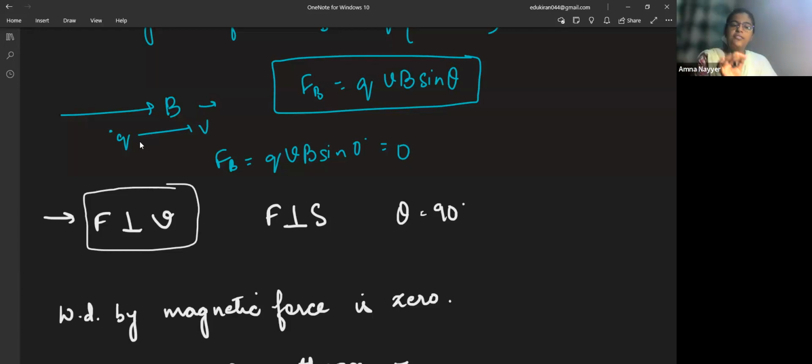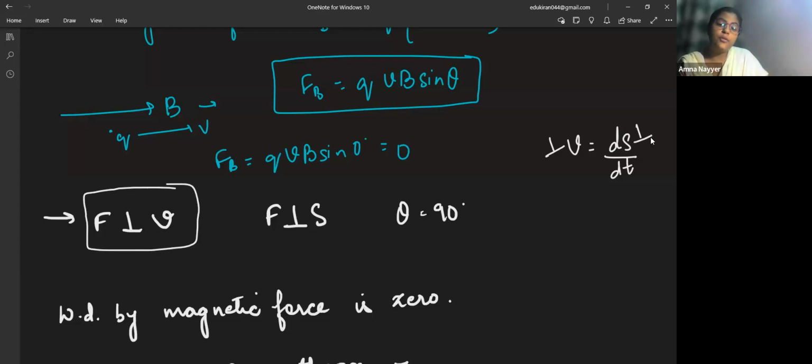See, if force is perpendicular to velocity, it means it is also perpendicular to displacement. What is the formula of velocity? In your class 11th, you must have done it. Velocity is ds over dt, the rate of change of displacement. So if force is perpendicular to velocity, it will also be perpendicular to displacement, right?